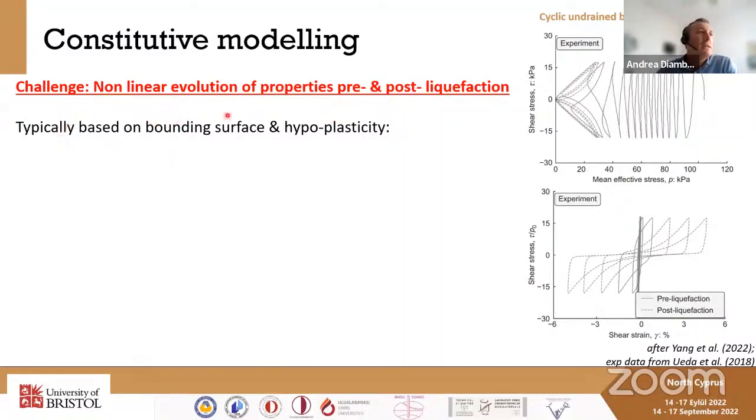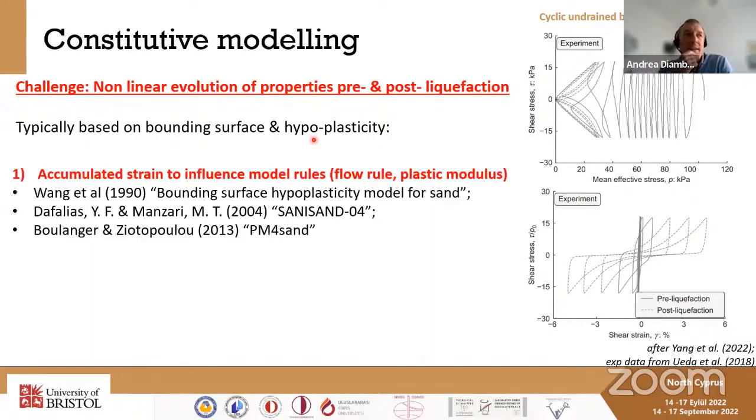When we get to this kind of constitutive modeling, we need to use advanced constitutive modeling. So we need to use the resource of bounding surface or hyperplasticity models. And beyond this, we also need to add some other features that are a measure of the memory. This is typically done through some formulation in which we account for the cumulative strain.